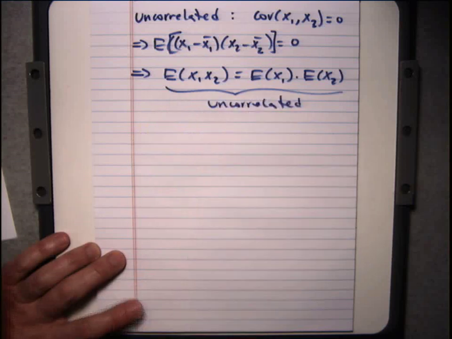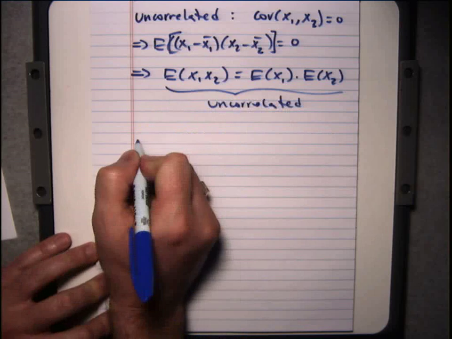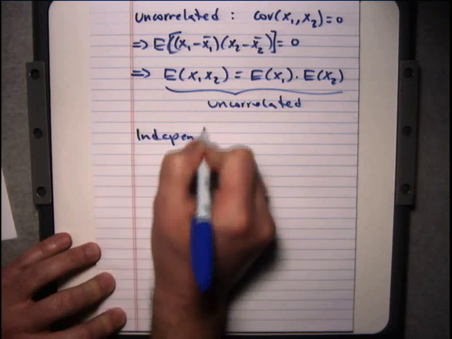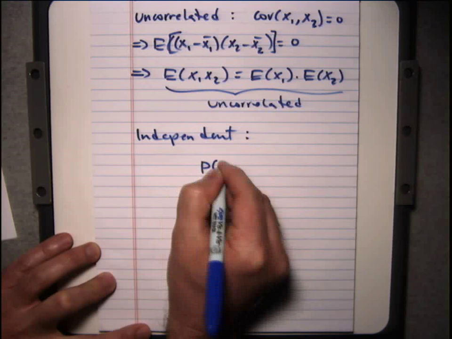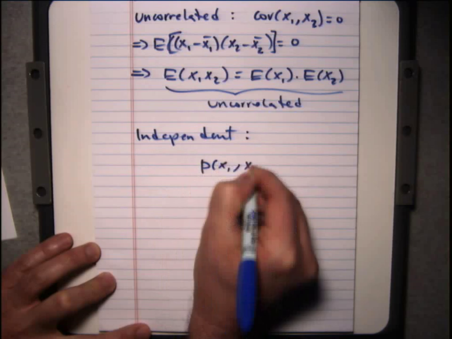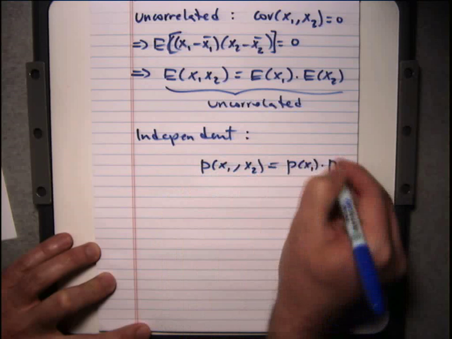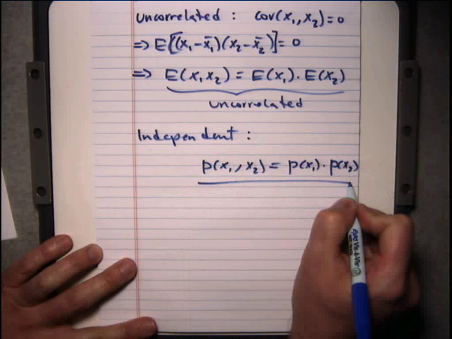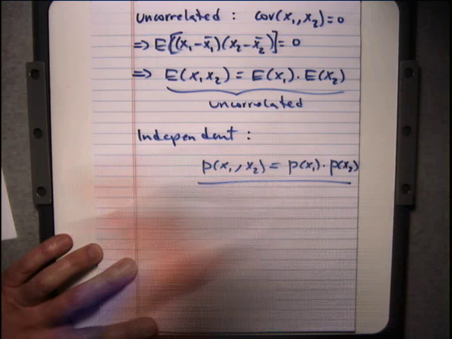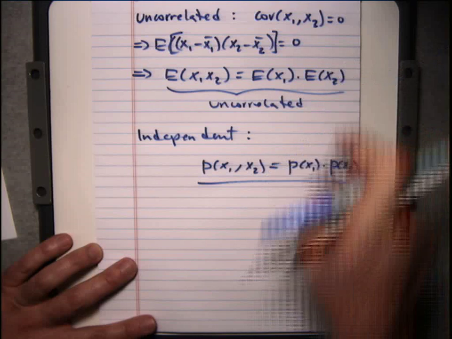Okay? On the other hand, independence means the PDF of x1 and x2 is equal to the PDF of x1 times the PDF of x2. Okay? This is independence. This is uncorrelated. Now ask yourself, of these two expressions, which one is stronger?